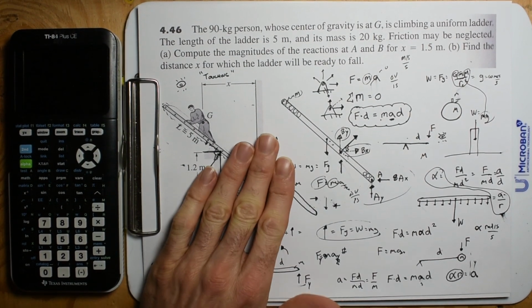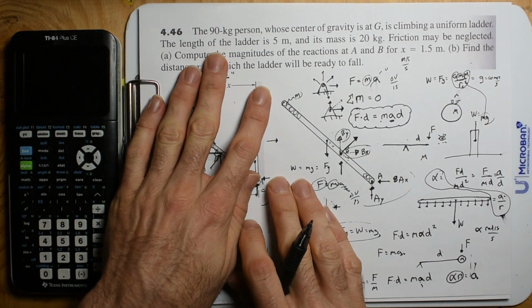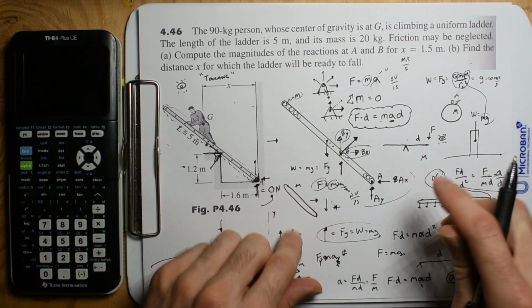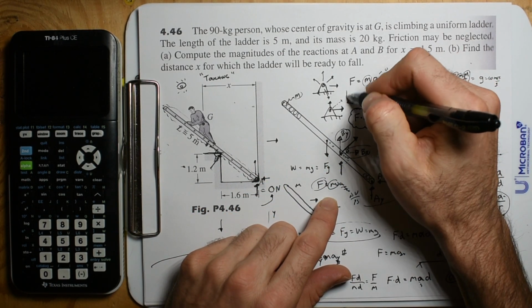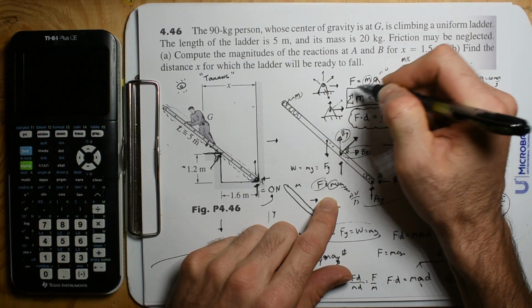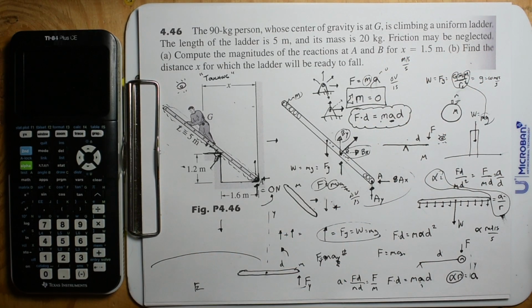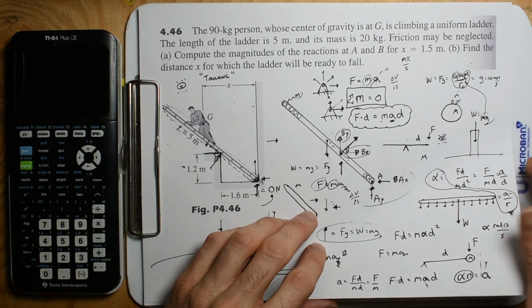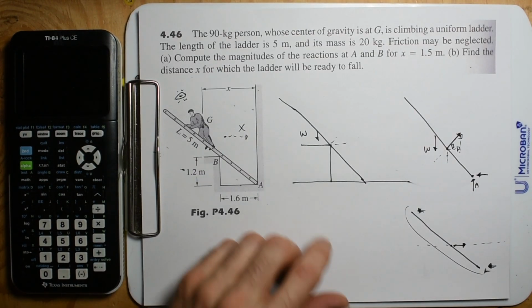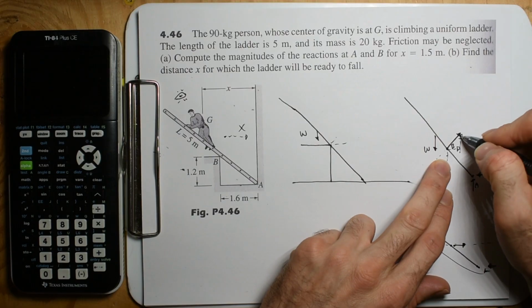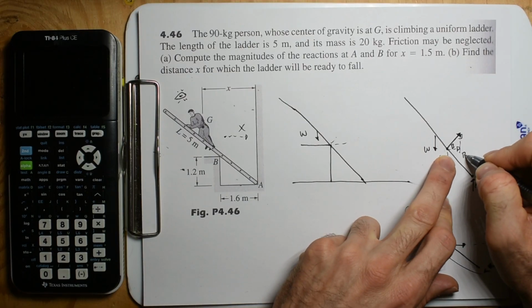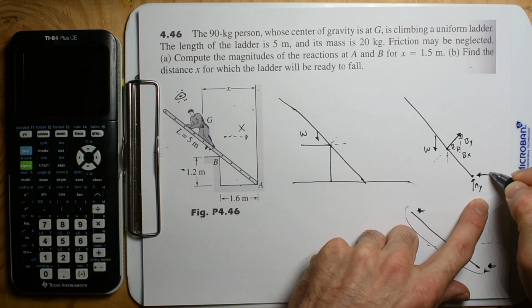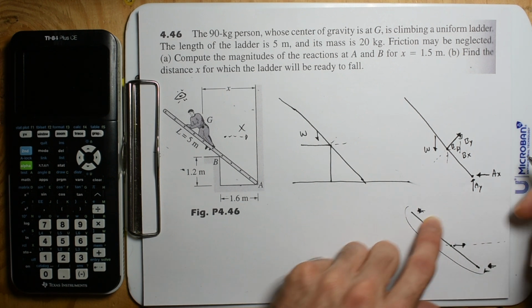Alright, but before we get into the actual problem, let's go back to our free body diagram, because we have to make sure that the sum of the moments are 0. So let's see. Yeah, let's grab a new sheet. So we have Bx, By, and then we have Ay, and then Ax.